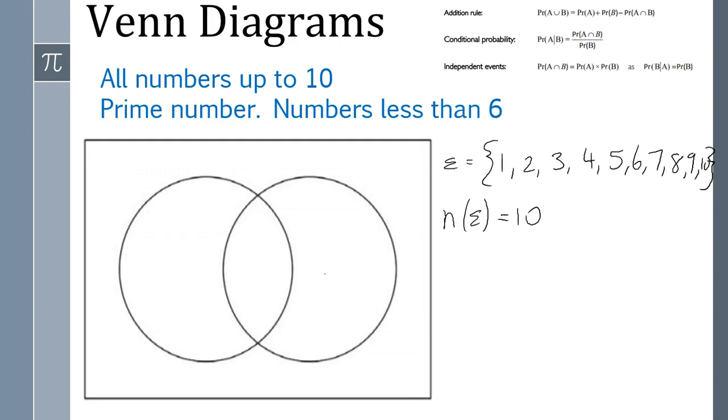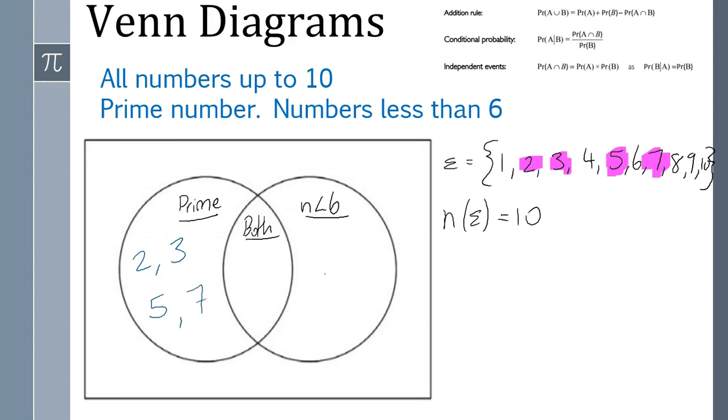Now I've got prime numbers and numbers less than 6. So let's make this one prime numbers, and let's make this numbers less than 6. And this is both. So prime numbers, we've got 2, 3, 5, and 7.